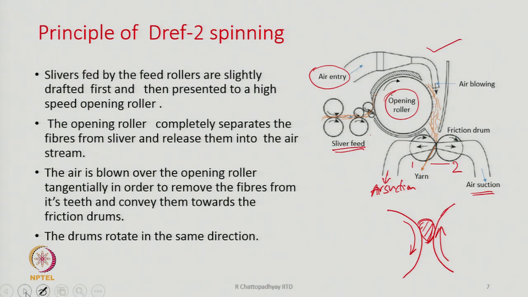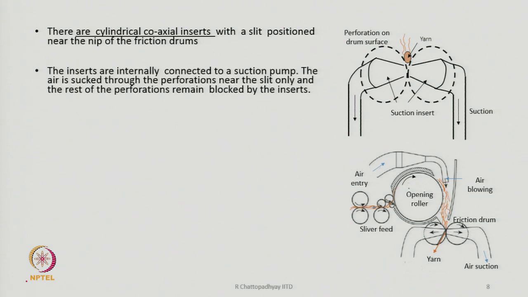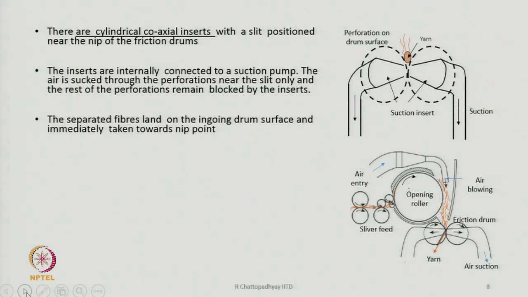We will see that these drums have cylindrical coaxial inserts. These are the inserts, with a slit positioned near the nip of the friction drum.